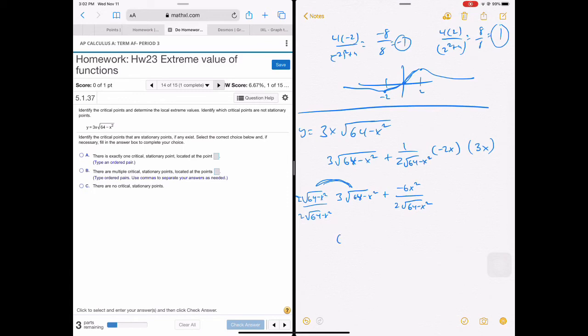So we're going to end up with 6 parentheses 64 minus x squared minus 6x squared all over 2 square root of 64 minus x squared. I'm going to simplify the top. This is going to be 6 times 64, which is 384, minus 6x squared minus 6x squared.